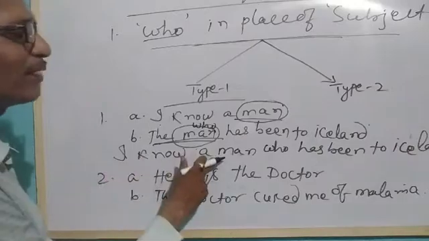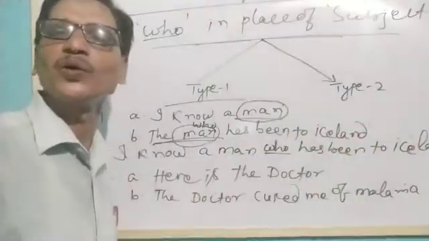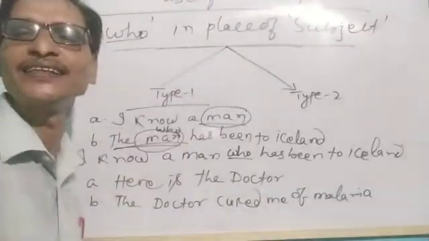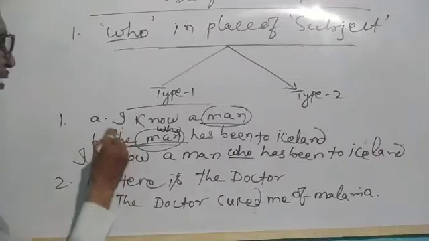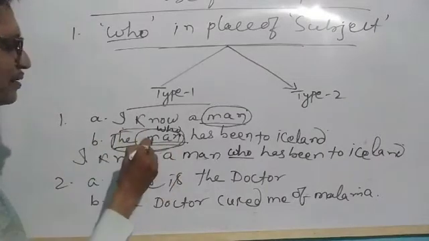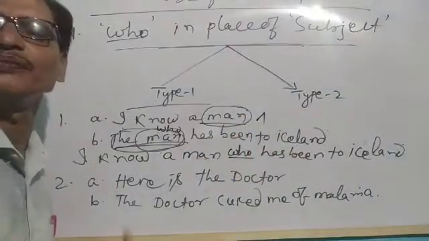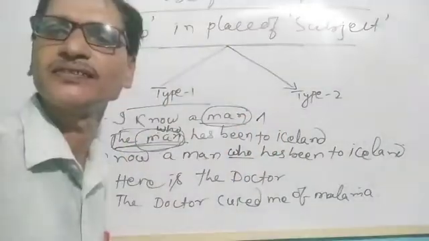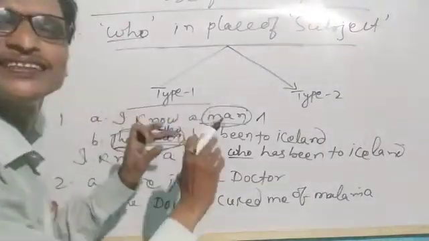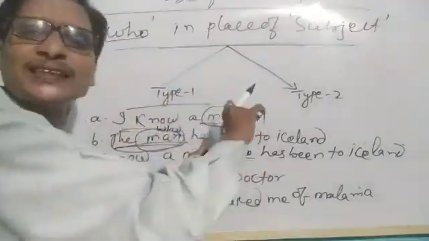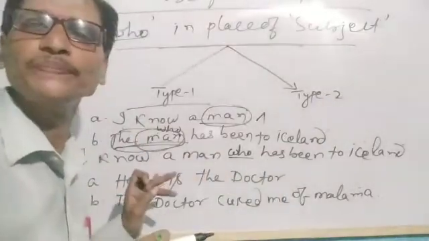I know a man who has been to Iceland. Who has been to Iceland. Understand? So here, in place of this noun we used who and added it to the first sentence. That means we took the second sentence and added it to the first sentence using the relative pronoun who.